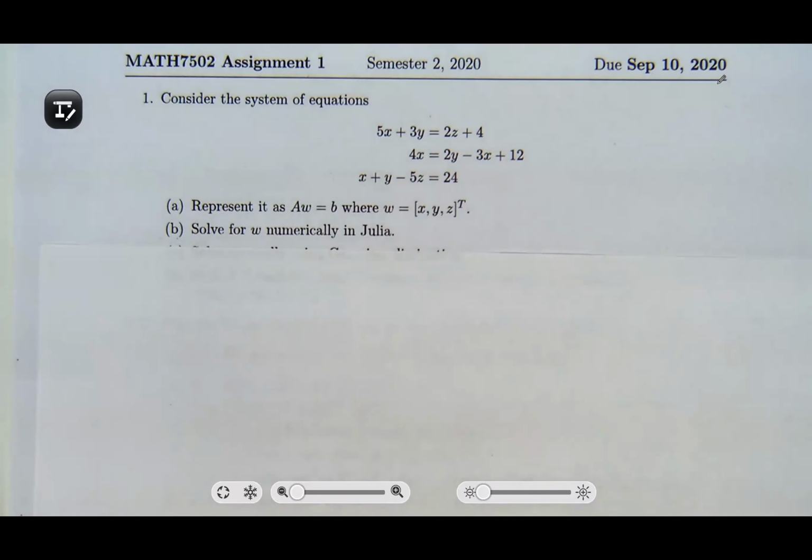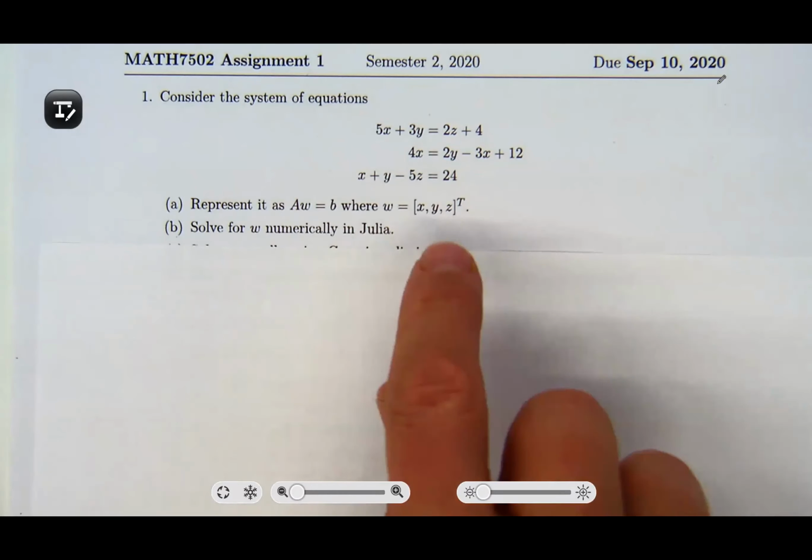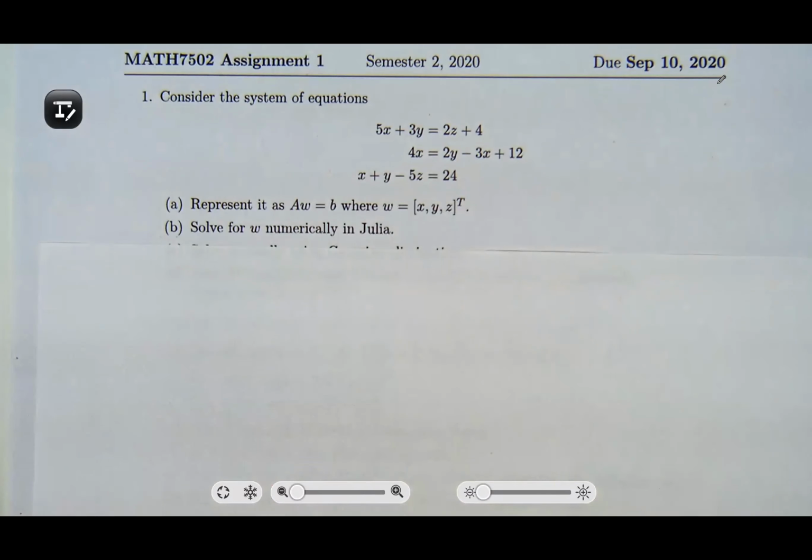The first question says, represent it as AW equals B, where W is equal to x, comma y, comma z, transposed. That's a column vector, but this allows us to express it as a row, so it fits nicely in the line of text. That's what that uppercase T as a superscript means. It means to transpose, so that it's a column vector. I want to do a similar problem so I can show you some of the calculations involved. It's not the same one.